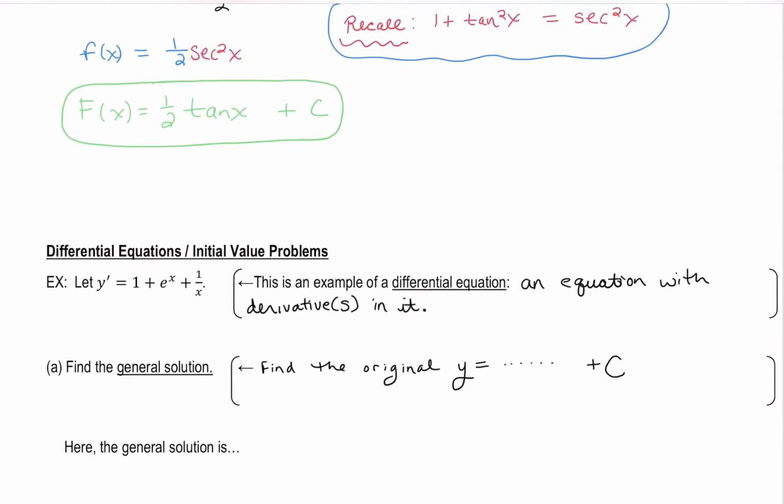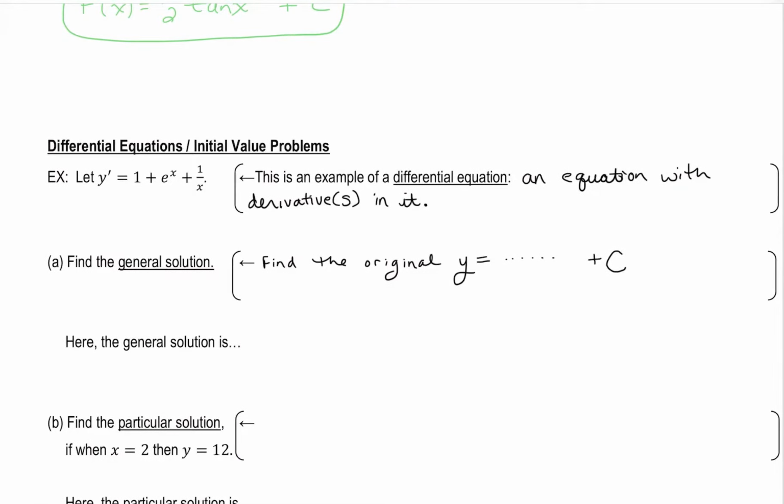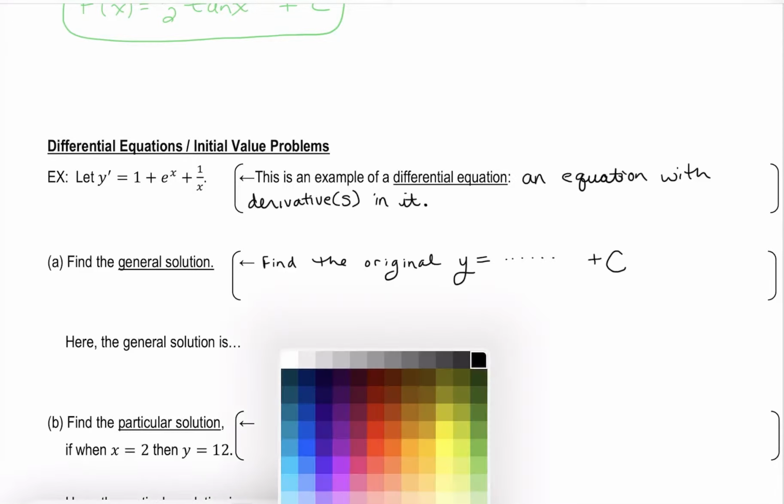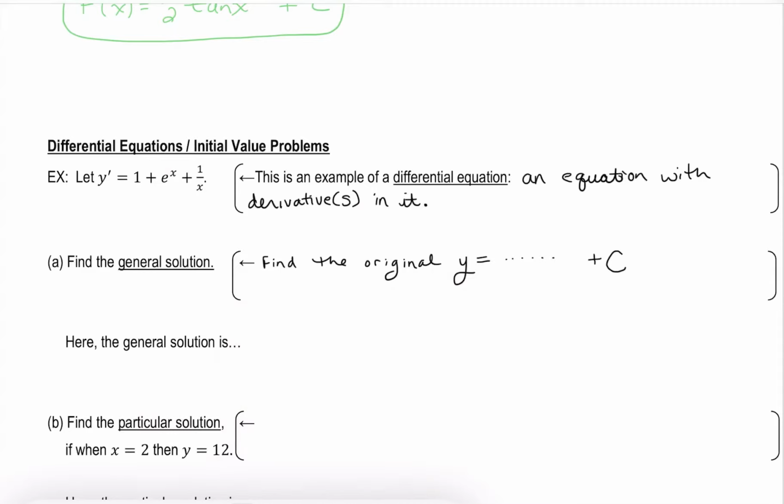So let's take a look at this example here, and let's find its general solution. Here's the example portion that we're working on, and now we're going to find the general solution of it.